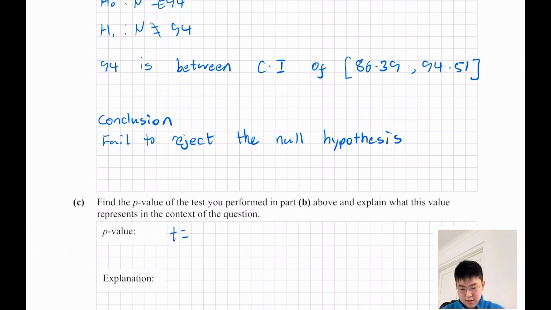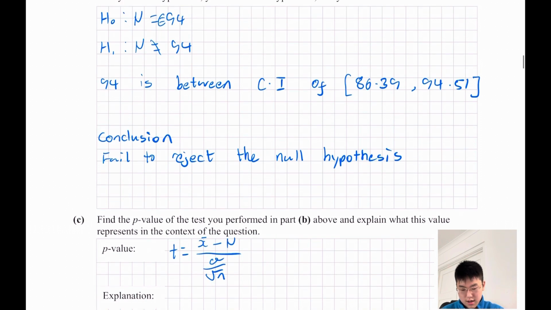For the t-statistic, we're going to use the formula in our log tables, which is x bar minus mu all over sigma over root n.